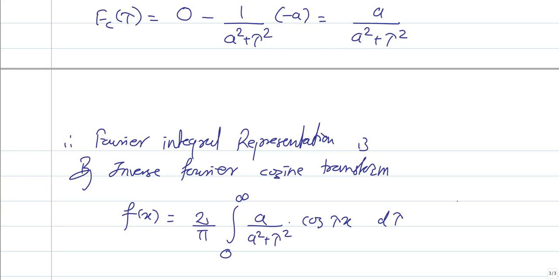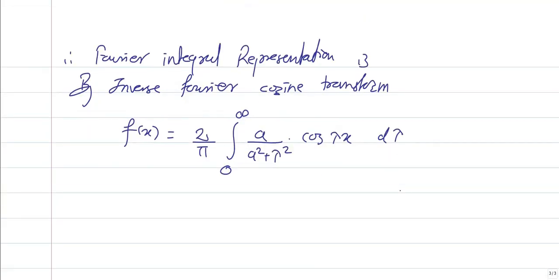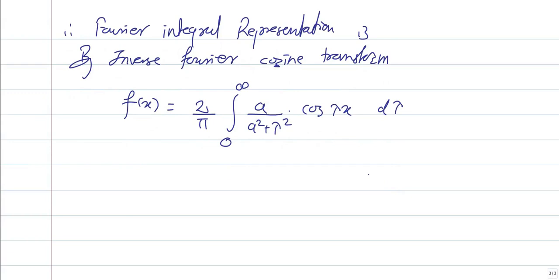All right, so this is the Fourier integral representation of the given function f of x. So this is how we have expressed the given function f of x in the integral form.